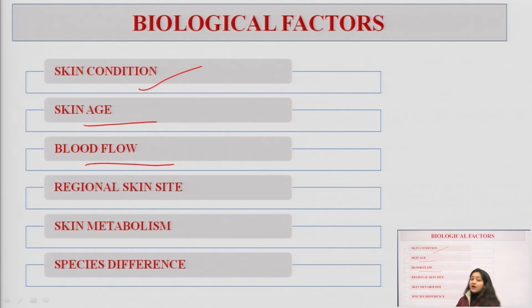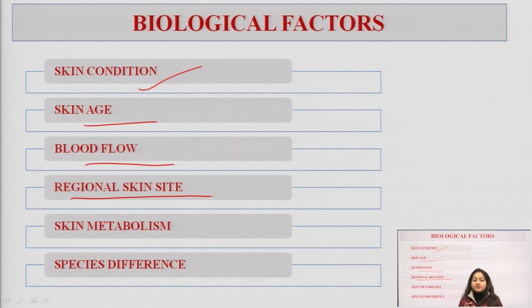Then blood flow. If the blood flow to a particular skin is higher, then quick exchange or quick penetration may occur as compared to skin which has decreased blood flow. Then we have the regional skin site. This differs from area to area, but in a particular area of our body the blood flow is going to be high.